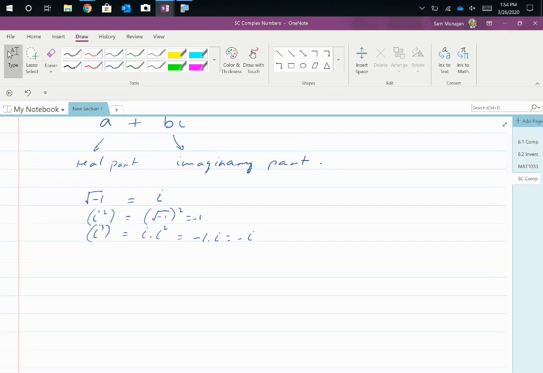And i to the 4th power would be i squared times i squared, which is -1 times -1, or 1.